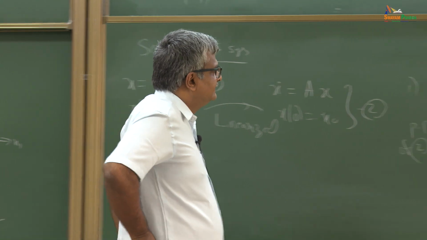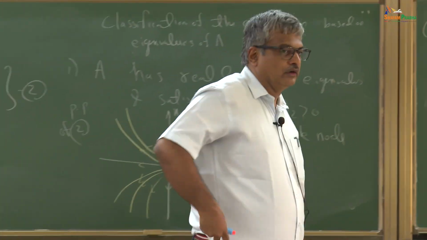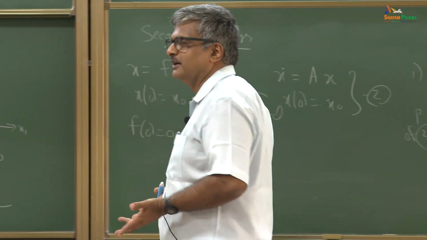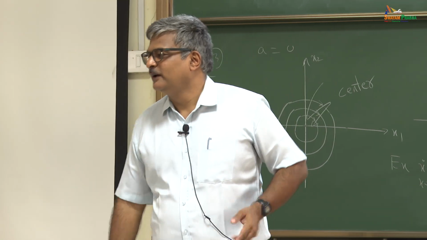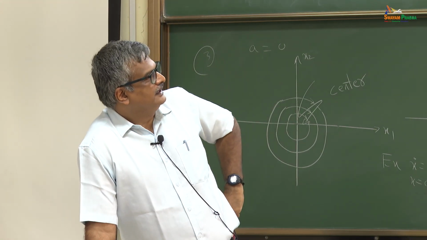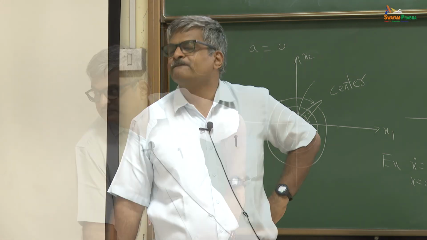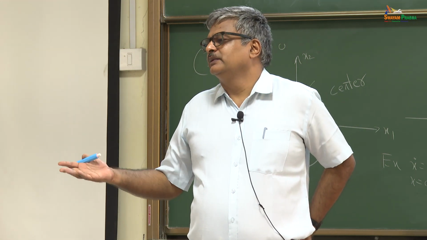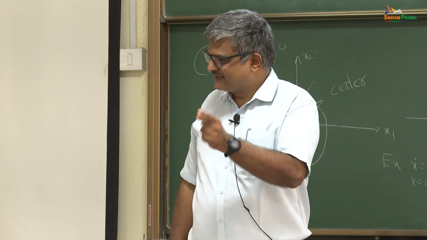See, this is in the x1, x2 plane. So it will correspond to some... how do we interpret that physically? x1 and x2. I think that will be that homoclinic orbit, right? You come back. So it will escape out.